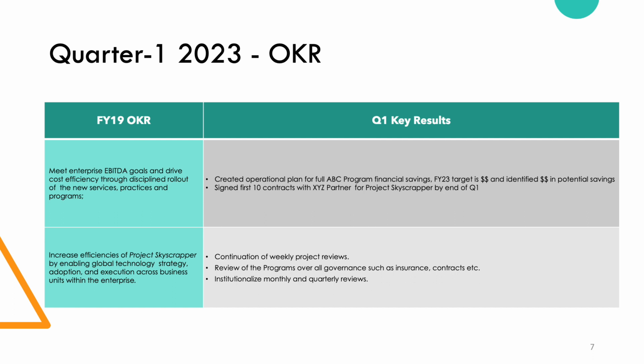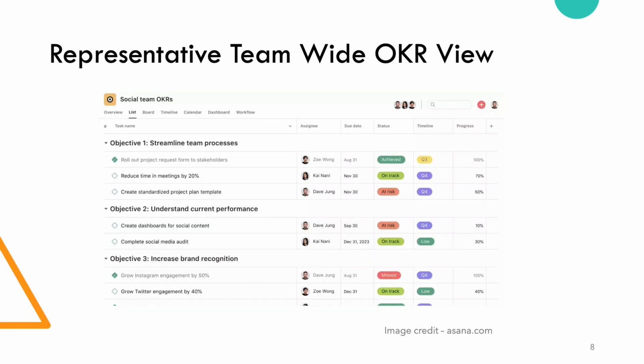The leftmost column remains the same, the objective remains the same, but this particular template says what you will be doing to achieve the key results for that specific quarter. Hopefully this is clear.